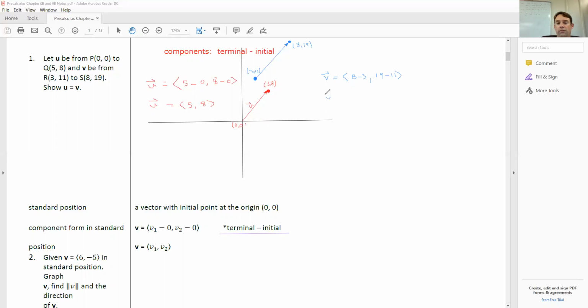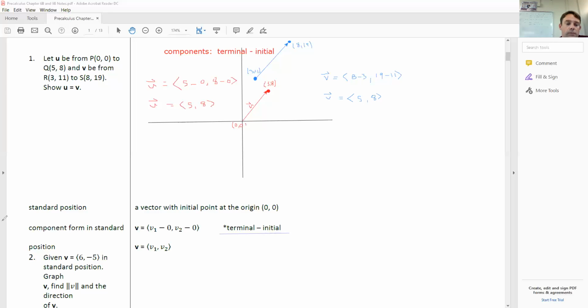If they are equivalent vectors, they will have the same component form. You notice it's still ⟨5, 8⟩. They have the same component form. So they both have a change in x of 5, and they both have a change in y of 8. Therefore, they would have the same direction and the same magnitude.